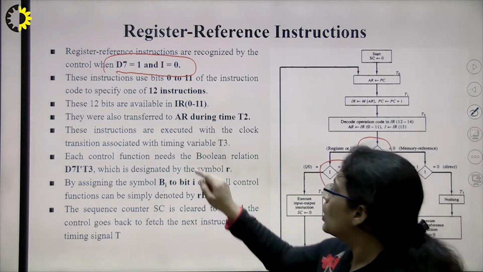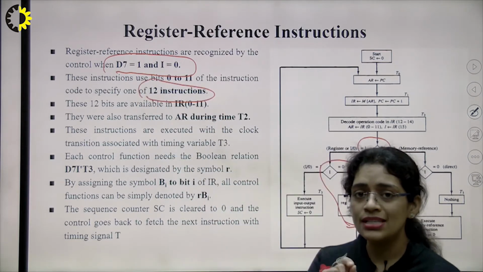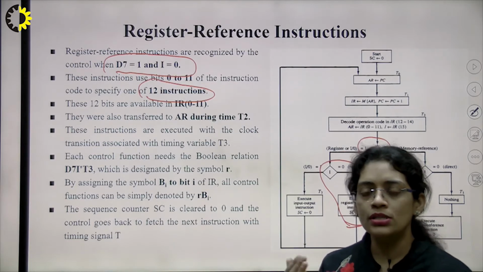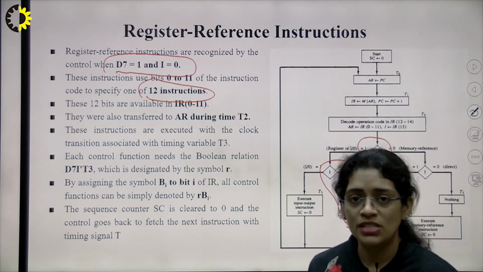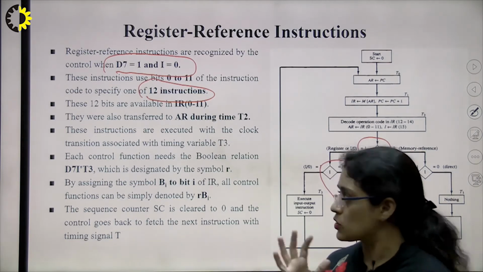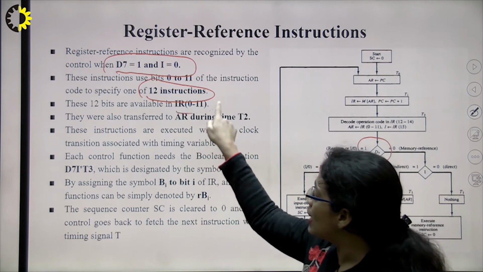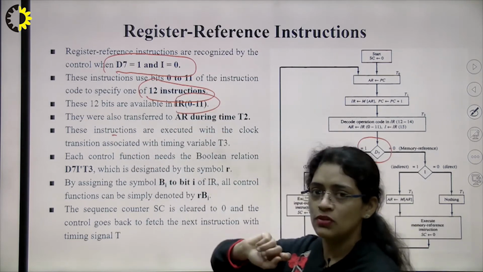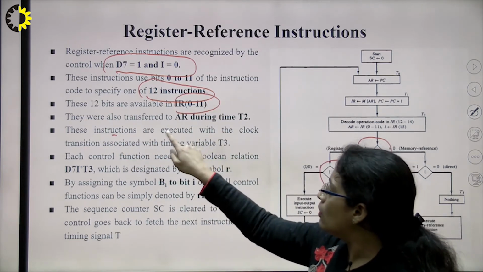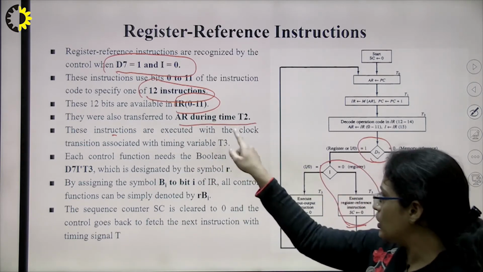Now here we can specify 12 instructions using bits 0 to 11. Those bits 0 to 11 would be specifying 1 out of the 12 possible instructions in case of register reference instruction. So we will see that. From that we will identify which operation we can apply. Now we are just transferring the content of AR during time T2.